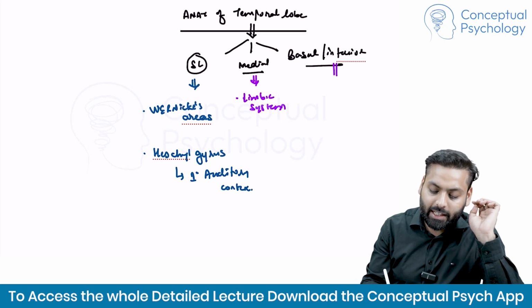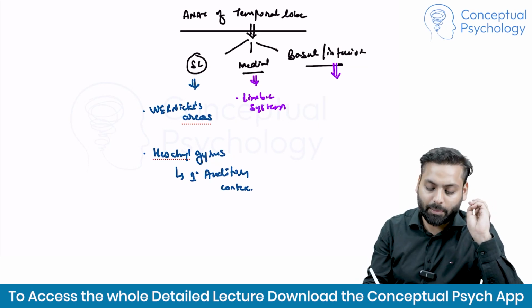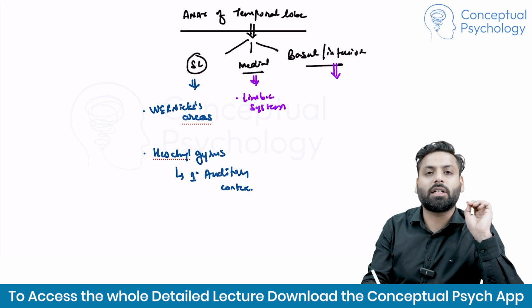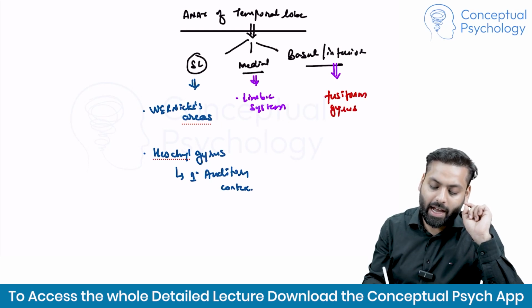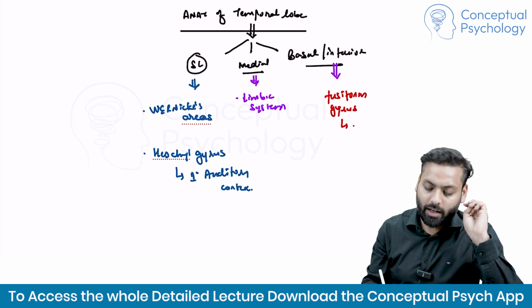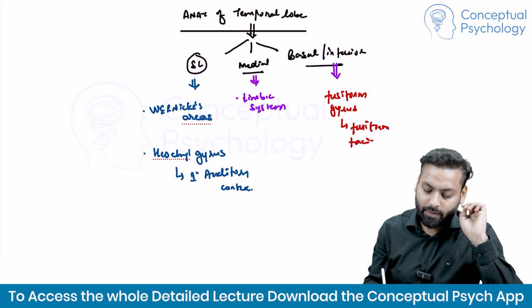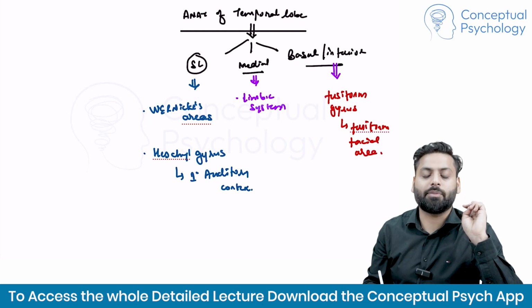Then comes the inferior part or the basal part of the temporal lobe. In the basal part of the temporal lobe, you need to identify the fusiform gyrus. The fusiform gyrus has an area known as the fusiform facial area. Okay.